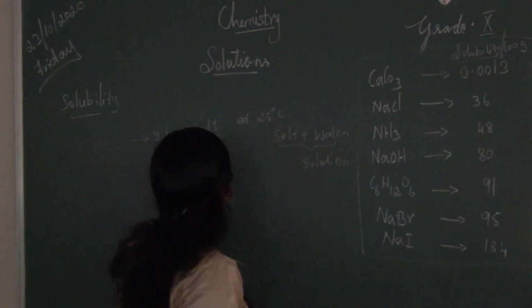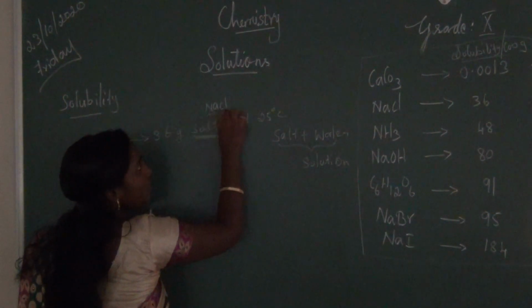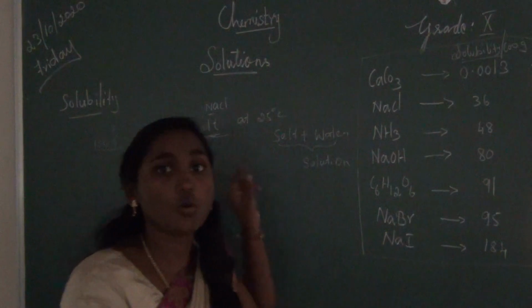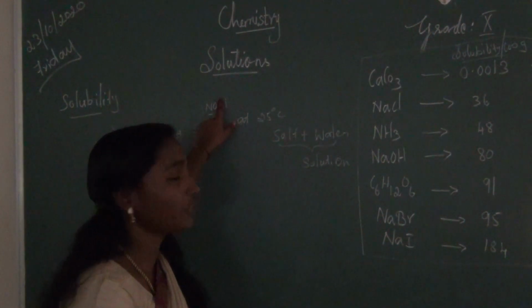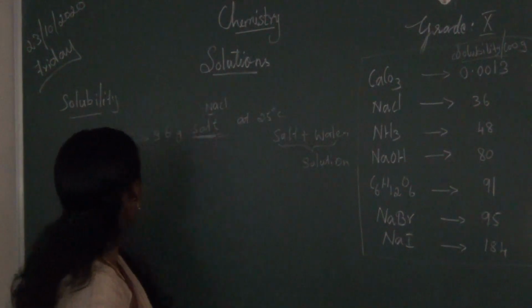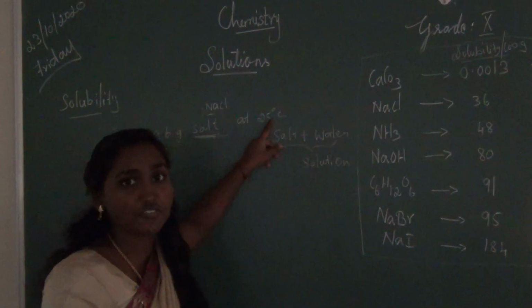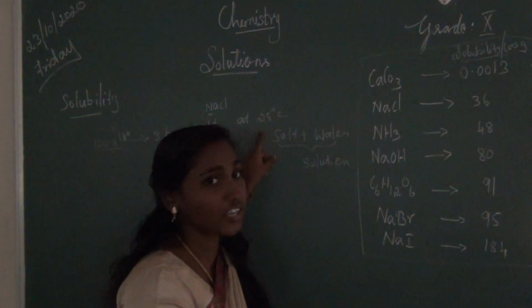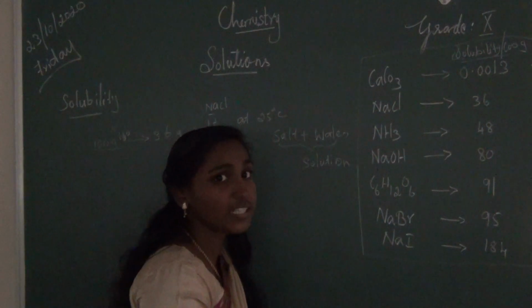Example: common salt, whose chemical name is sodium chloride, NaCl. 36 gram of sodium chloride can dissolve in 100 gram of water at 25 degrees Celsius. So what is meant by solubility?